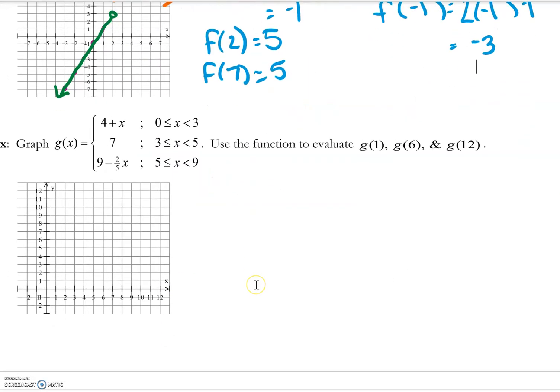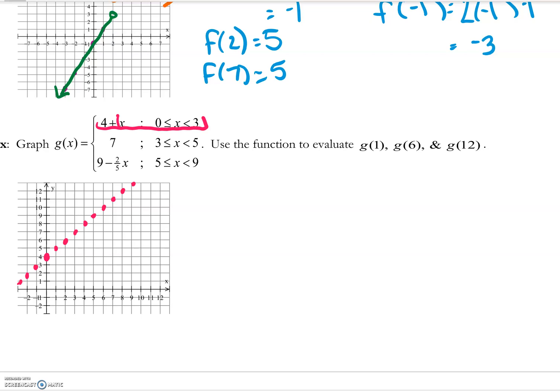For the next example that we'll do, now we have 3 pieces of this piecewise function. So I'll start with the 4 plus x, and I'll color code it this time. So 4 plus x is going to be my pink function. That means that 4 is my y-intercept, and the invisible number 1 is my slope. So up 1, right 1, I'm going to go all the way across first, and then erase dots according to my restricted domain.